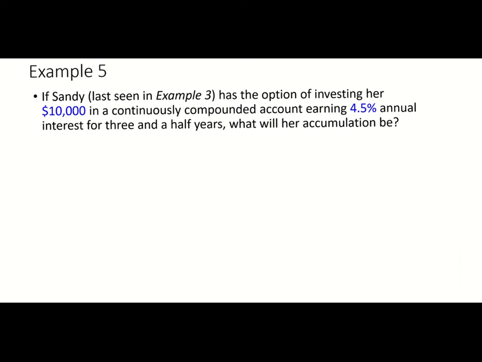We're going to use A of t is equal to P times e to the rt power. So this time our principal is $10,000 times e, our rate still 4.5%, but you have to use it as a decimal, so 0.045. And our time, again, is 3.5 years, so we'll put our 3.5.